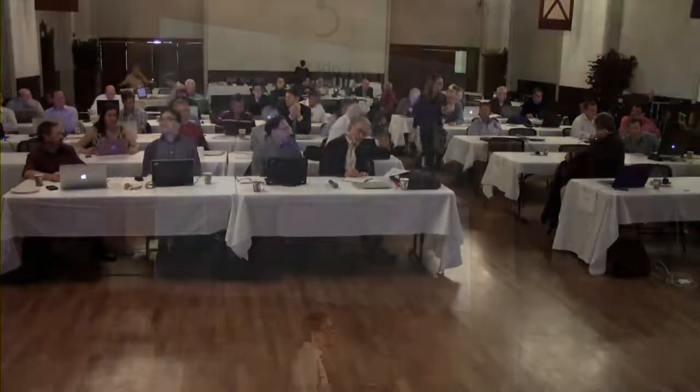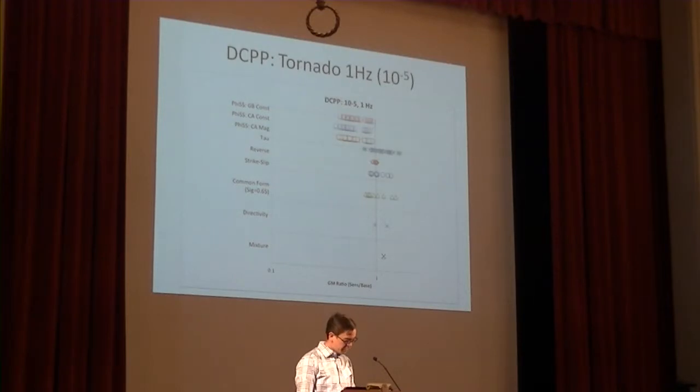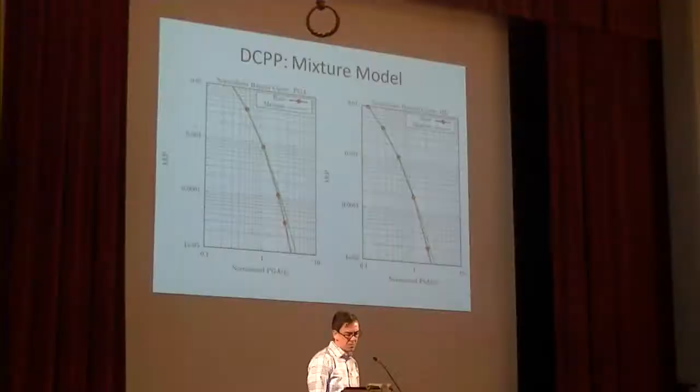Oh, Tom has a question or a comment. Could you go back to the summary plot of the 1 Hertz response spectra at different return periods? Back where those, yeah.